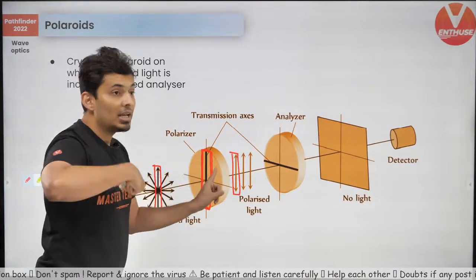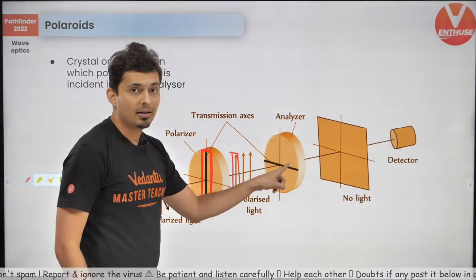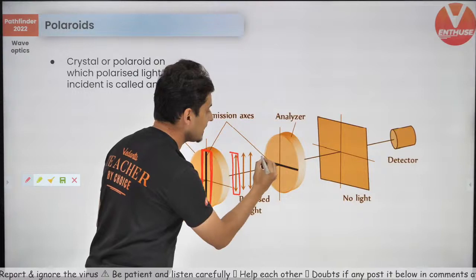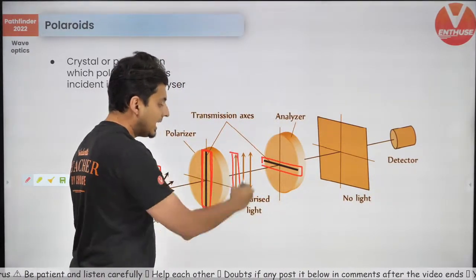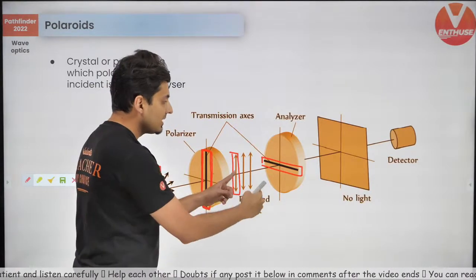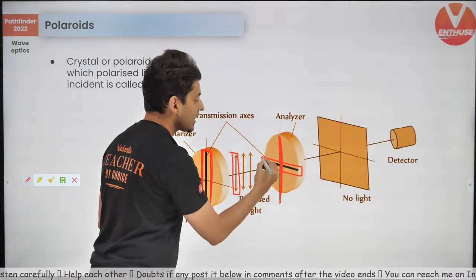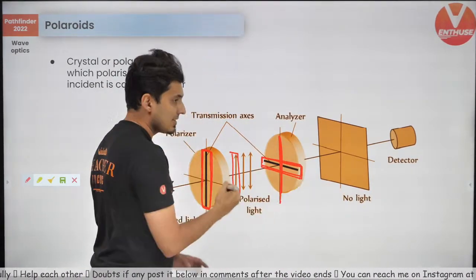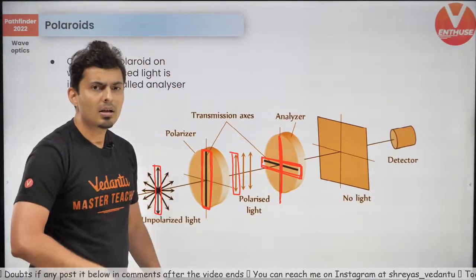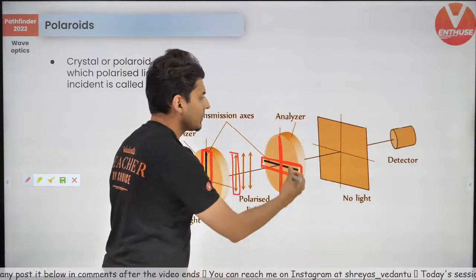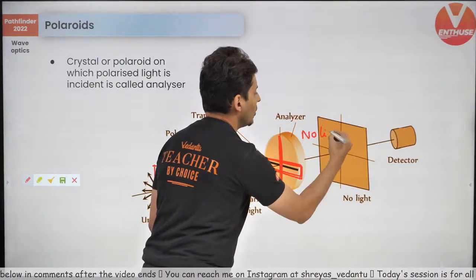Imagine another polarizer whose transmission axis is perpendicular. The plane of oscillation of this light is this way, but the plane which gets transmitted is perpendicular. Nothing will come out.